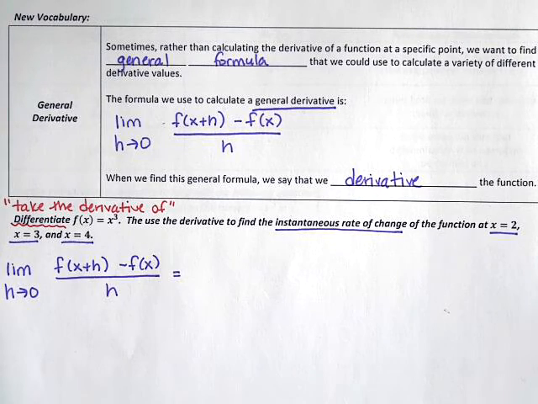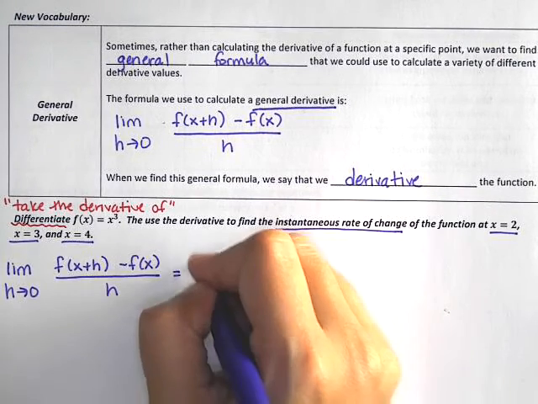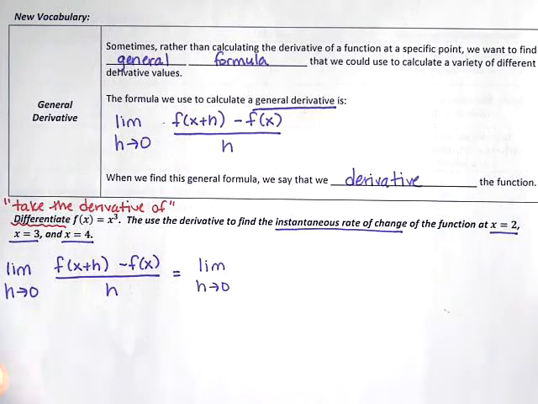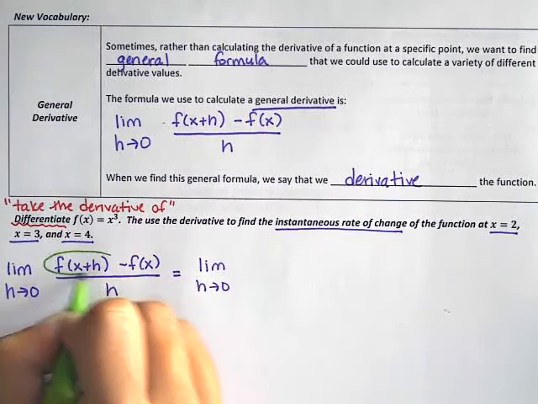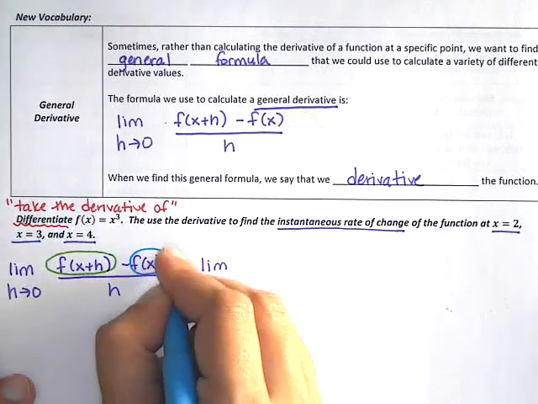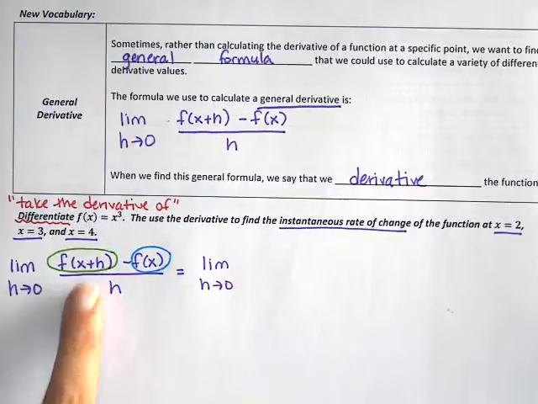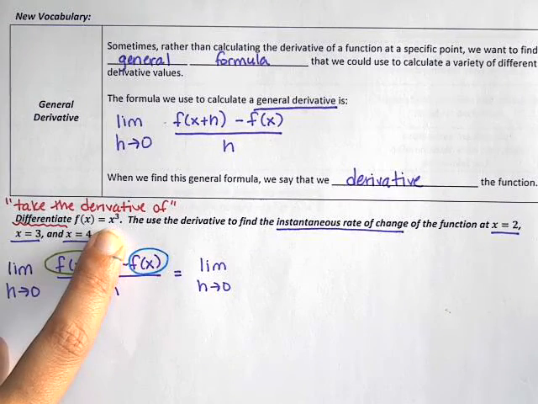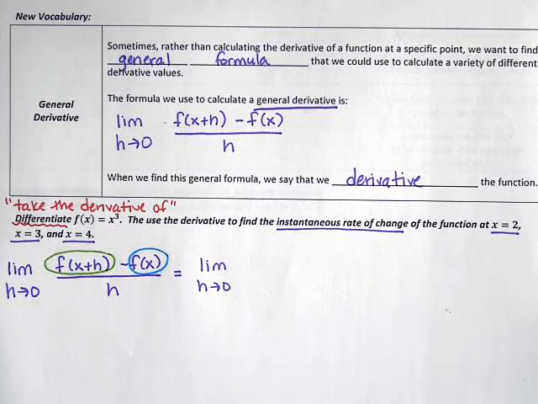Now here's where it gets a little bit tricky. Some students have some trouble with this. I would encourage you to think about the top as being two different problems, f of x plus h and f of x. If I want to find f of x plus h, that means go back to the original formula. Anywhere you see an x, put an x plus h instead.